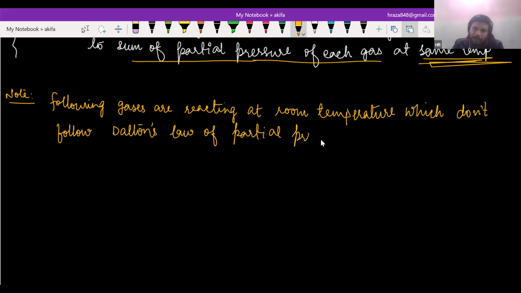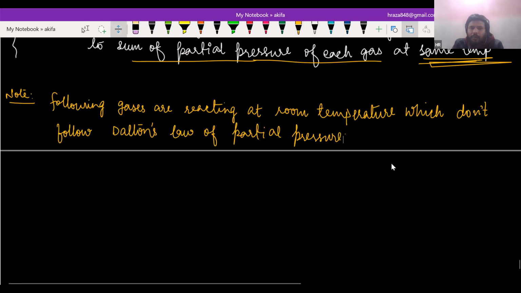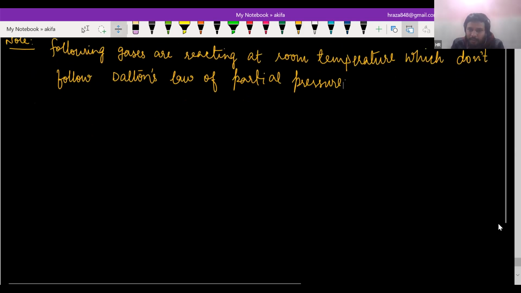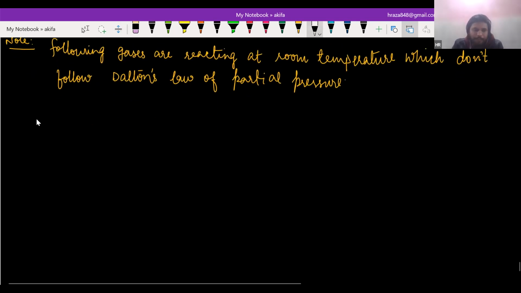So I'm going to make a list of reacting gases that don't follow Dalton's law of partial pressure because they do react with each other.